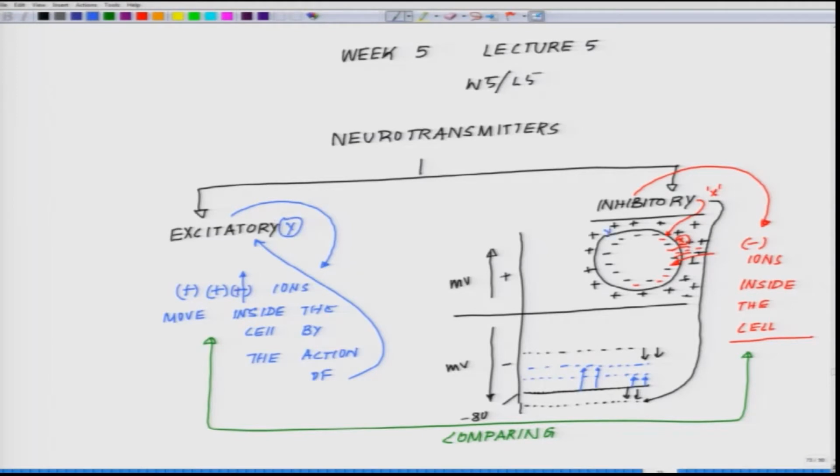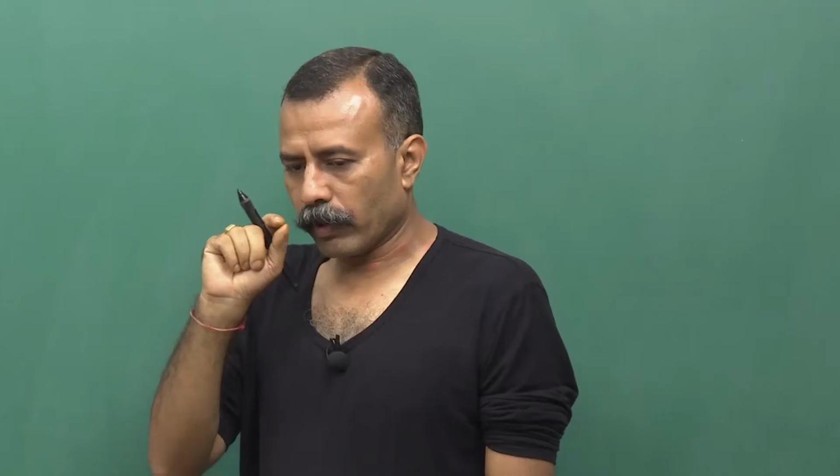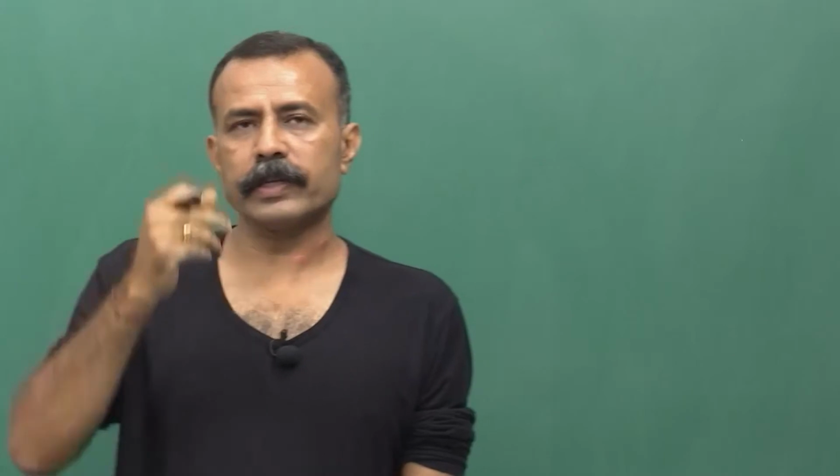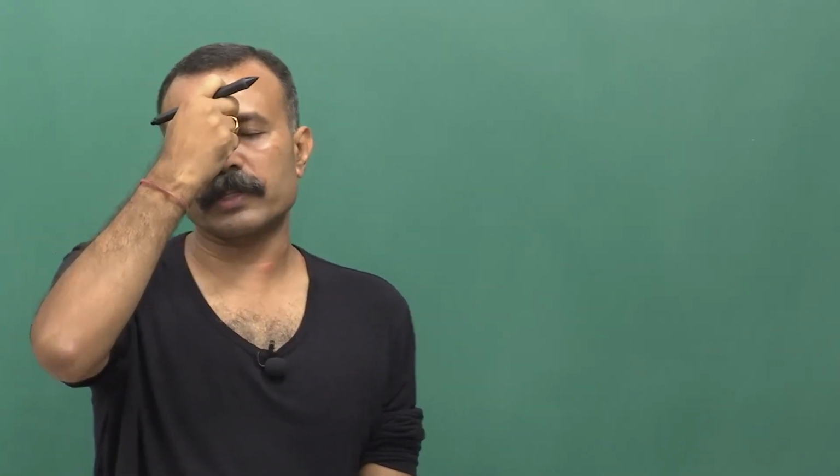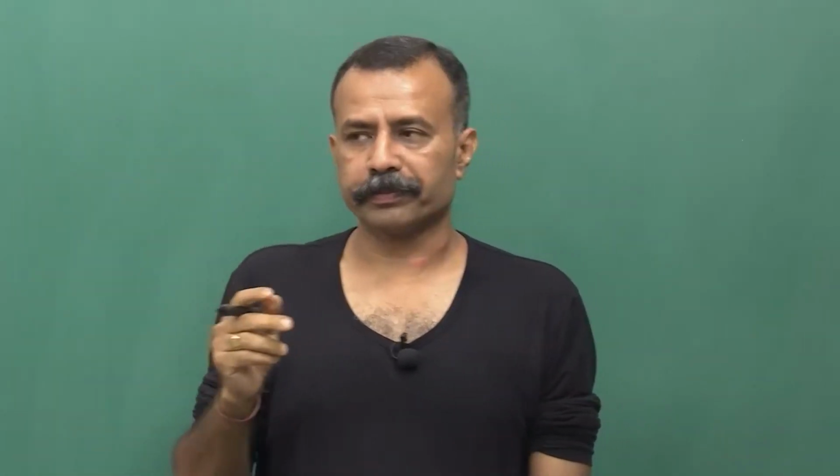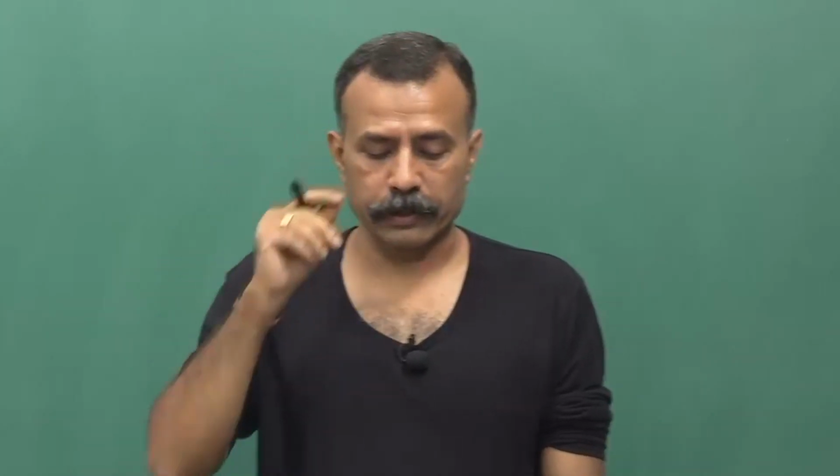So, if Y binds here, then this allows the passage of something like this, right. So, in the light of this, if you remember where we digressed while we started talking about the synapse, I told you I will have to explain to you about neurotransmitters.